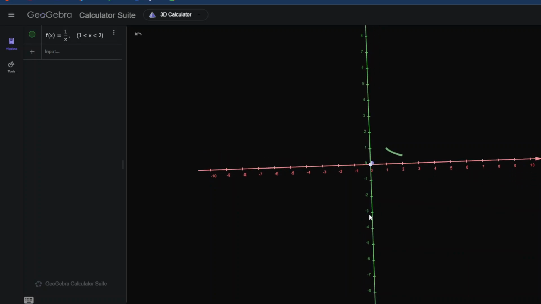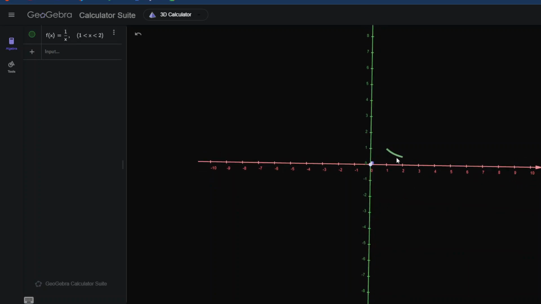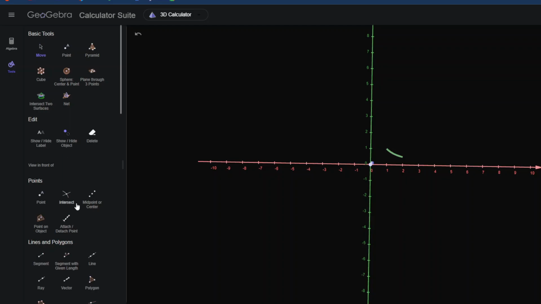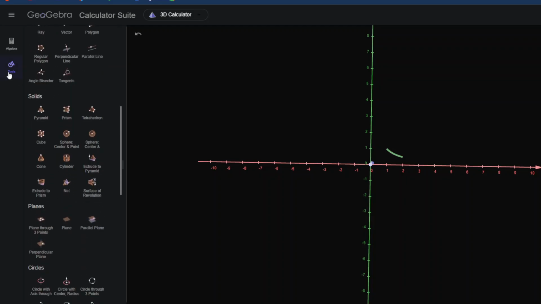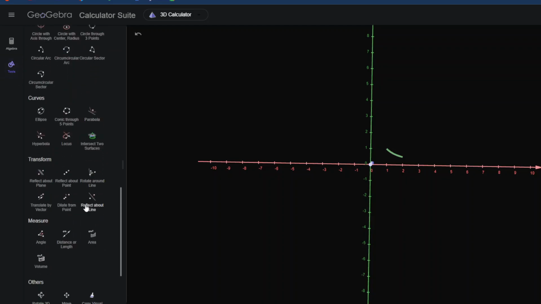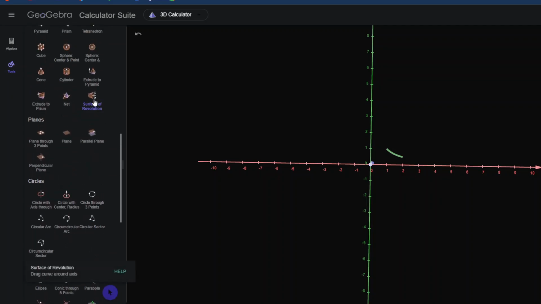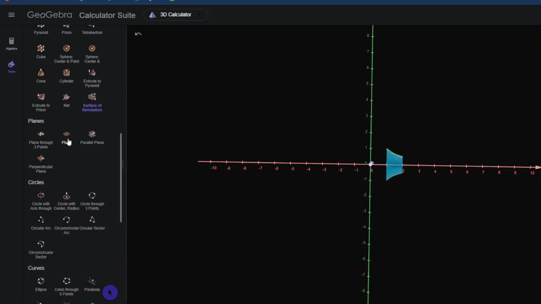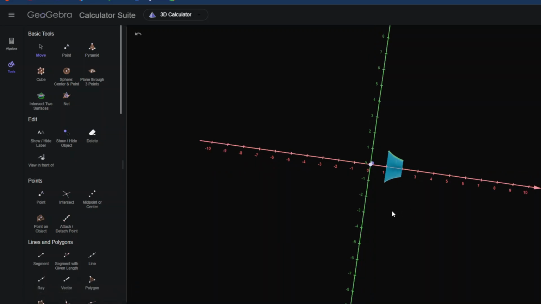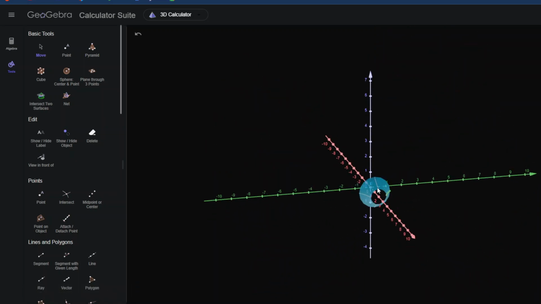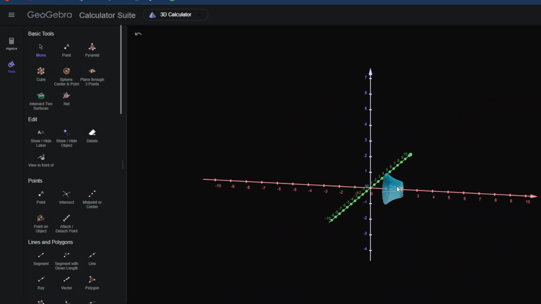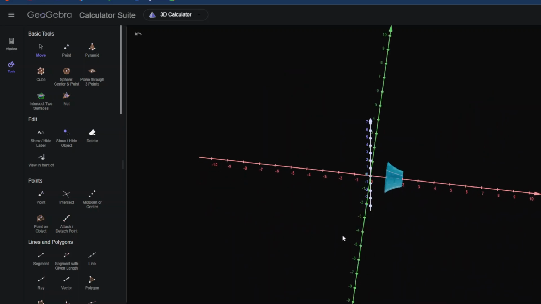So we just have this little slice of 1 over x right here, bounded by 1 and 2, and then we want to create a surface of revolution through that. On here, you can go to the tools and then scroll down to the surface of revolution tool. Then all you really have to do is click on it, and it'll do the rest for you. You can go back up to move so you can look around at it, and you can see exactly what that object looks like there.